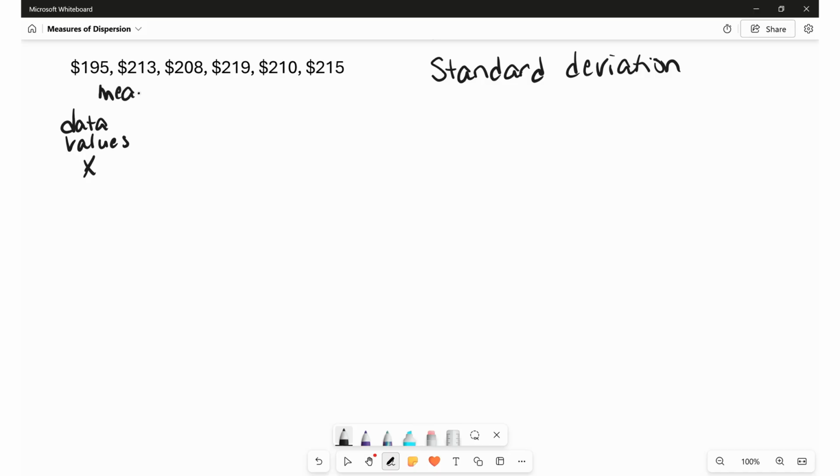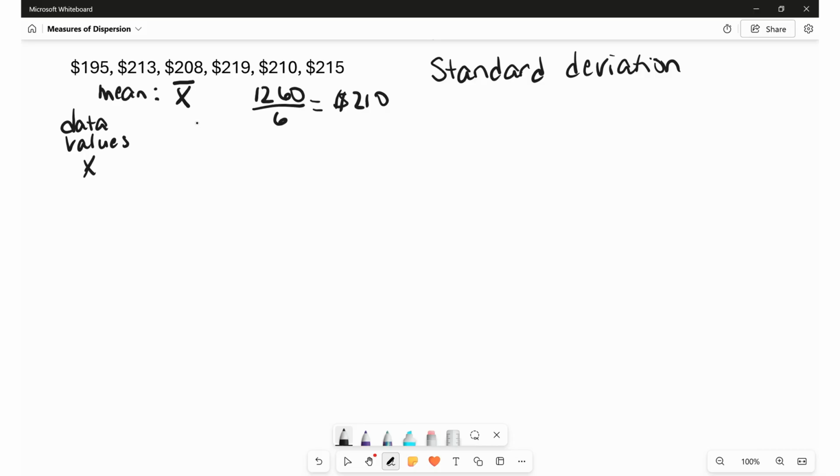We need to find the mean. And the symbol that we use for the mean is this thing called x bar. So recall when we find the mean, we add up all of our data values, and then we divide by the number of data values that we have. And that gives us the mean. So the mean of this data set is $210.